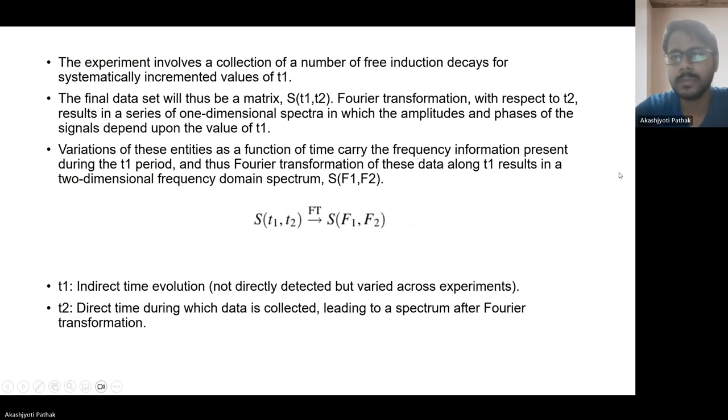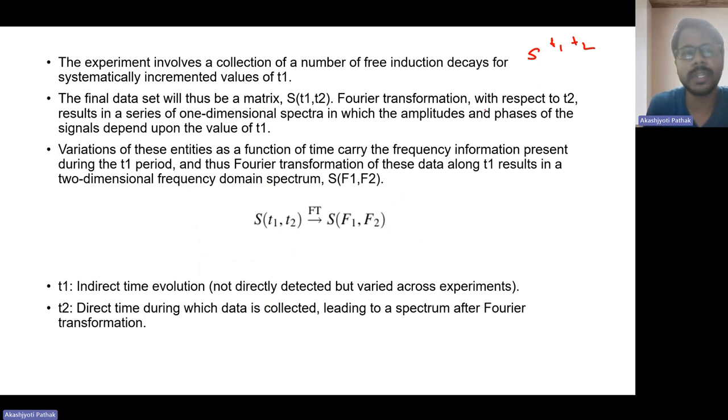So that is what I was trying to explain through the figure, where it has been explained in detail. The experiment involves a collection of a number of free induction decays for systematically incremented values of T1, and the final data set will thus be a matrix S, which will have two values, T1 and T2.